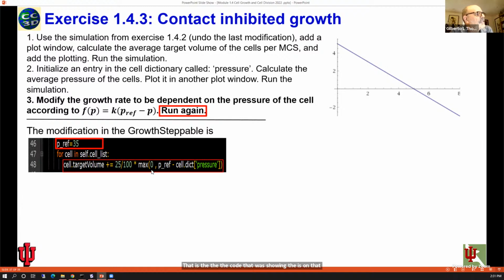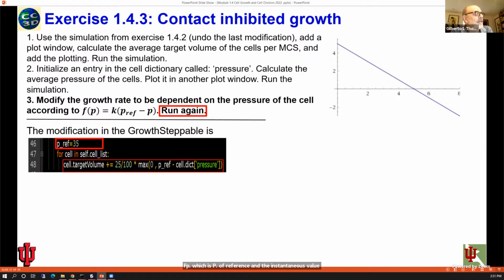And you choose a function, a maximum between 0 and P reference minus the instantaneous value of the pressure on the cell.